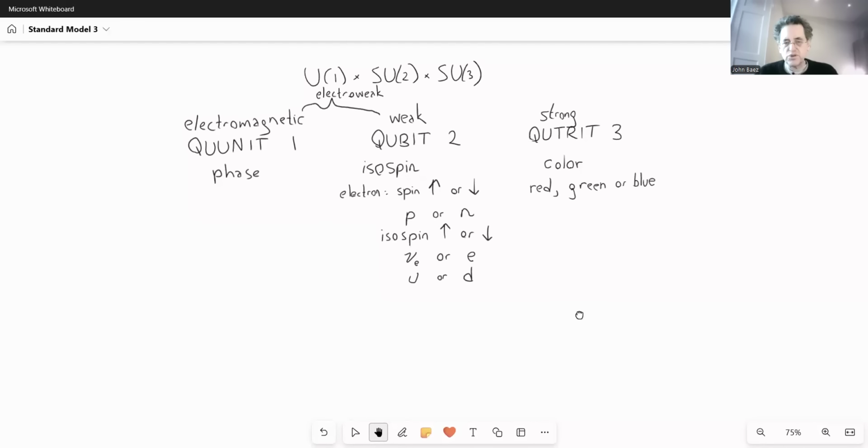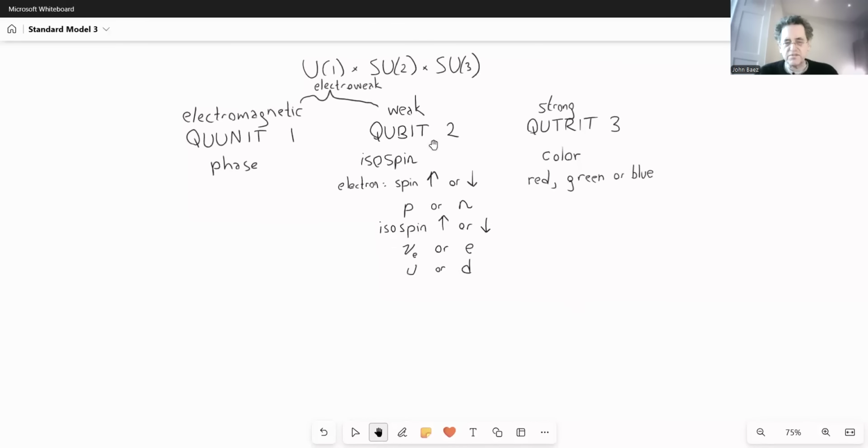But because the number 2 is the smallest number that's not too ridiculously small, like 1, I'm going to talk to you now about qubits. So let's study qubits a bit, if you can stand the pun and not revolt. So let's study qubits. So what do I mean?